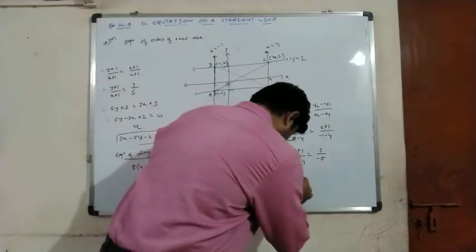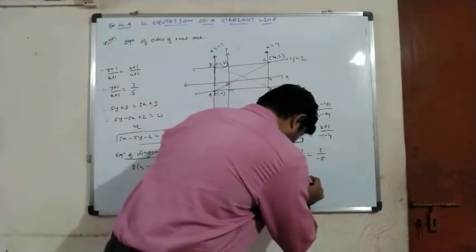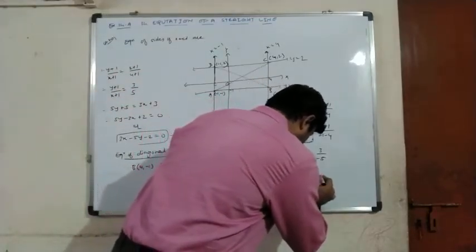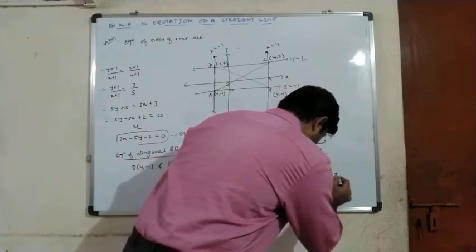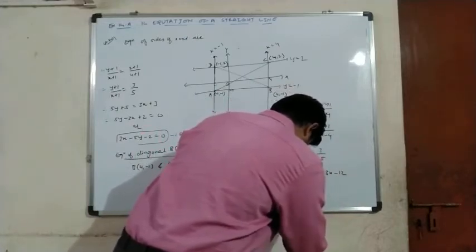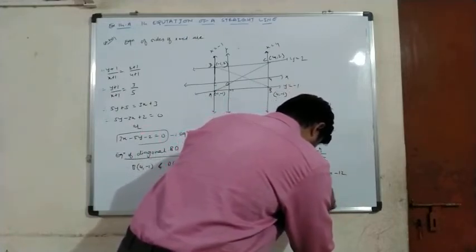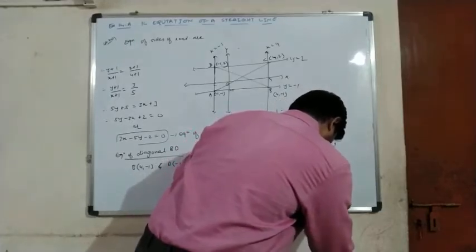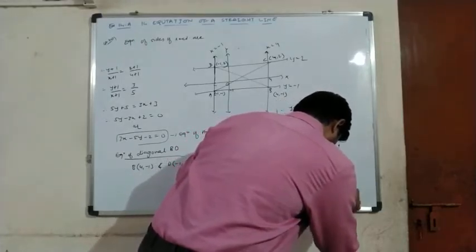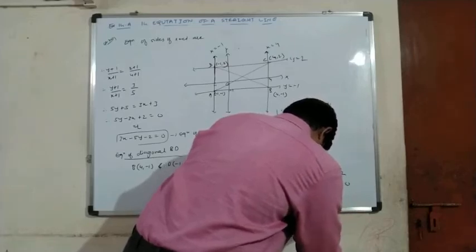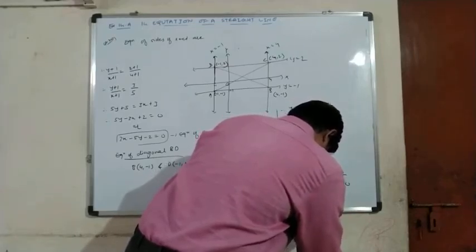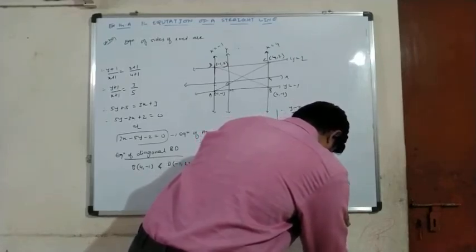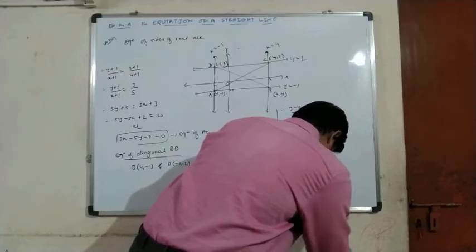Therefore minus 5y minus 5 is equal to 3x minus 12. Therefore minus 5y minus 3x plus 7 is equal to 0, or 3x plus 5y minus 7 is equal to 0.